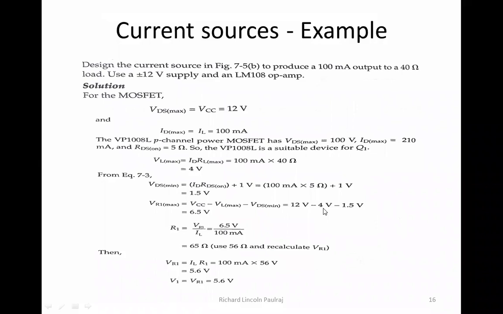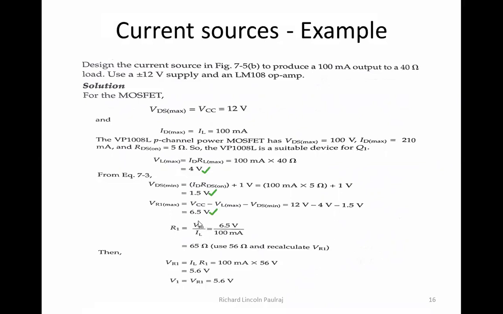ID into RL, minus the minimum value of VDS, 1.5. So 6.5 is fine. 12 minus 4 minus 1.5. Yeah. Okay. Now next we have to calculate the value of R1. Right. So this was fine. 1.5, 6.5. Okay. Now R1.